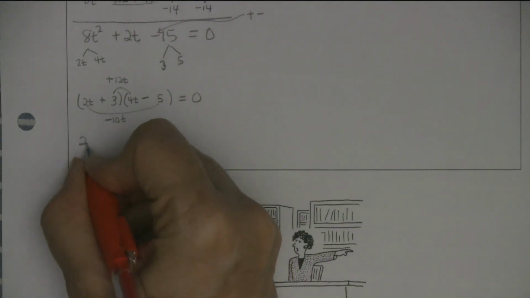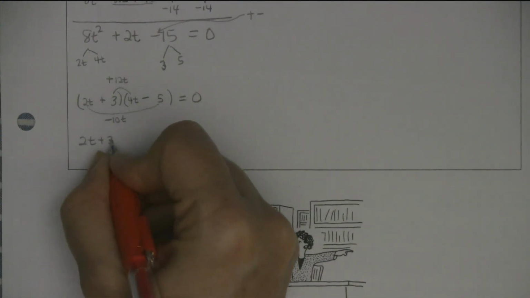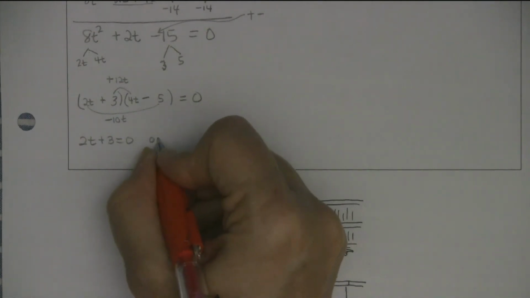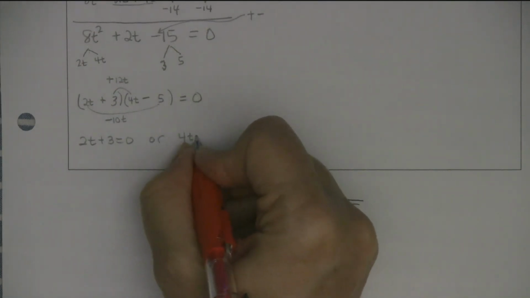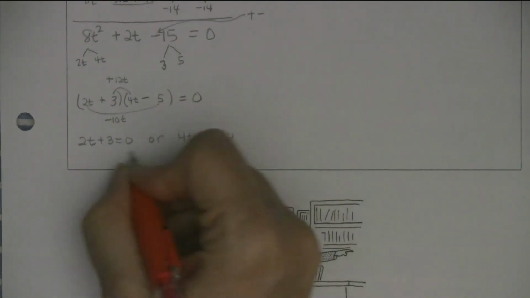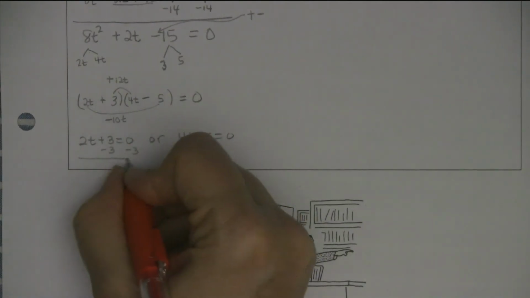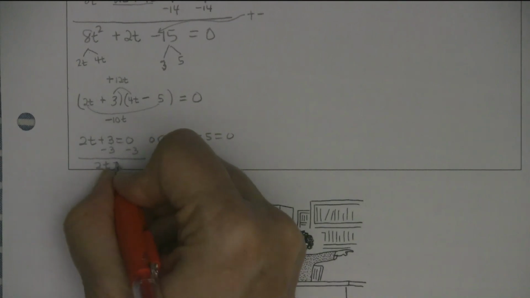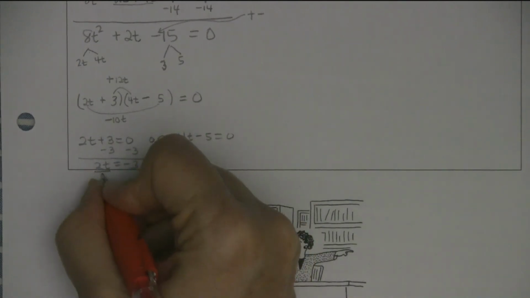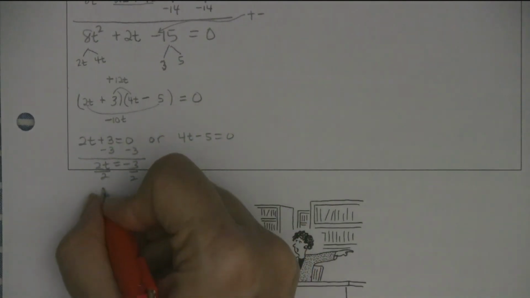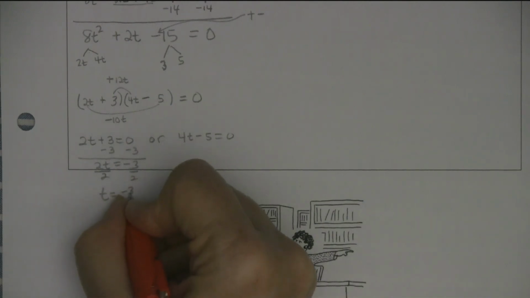Now you do the 0 thing. You set the pieces equal to 0 and you solve them. And the good news is that's what we did in chapter 1, right? These are always easier than the chapter 1 ones. You just take away 3 and divide by 2. They're only 2 steps. These were the ones that we had in chapter 2.